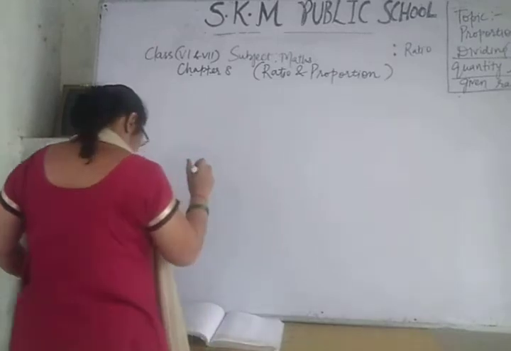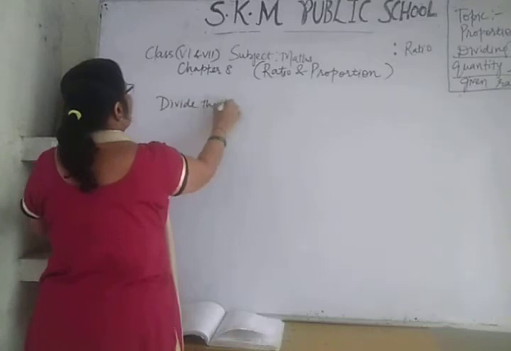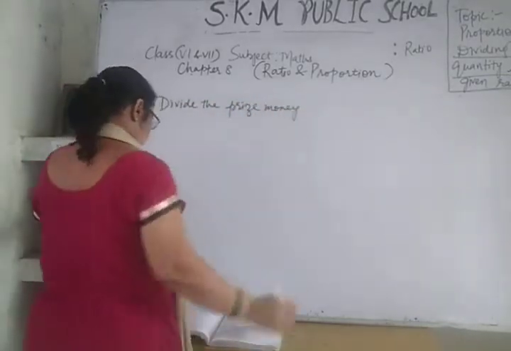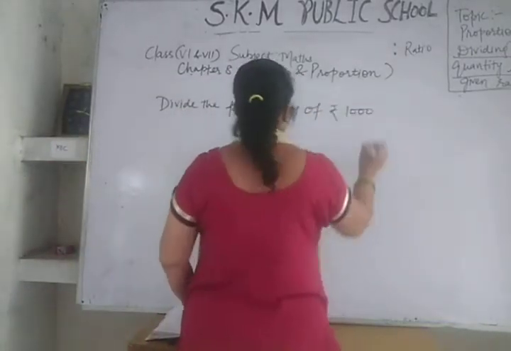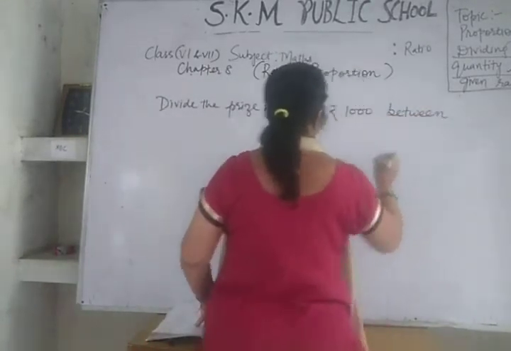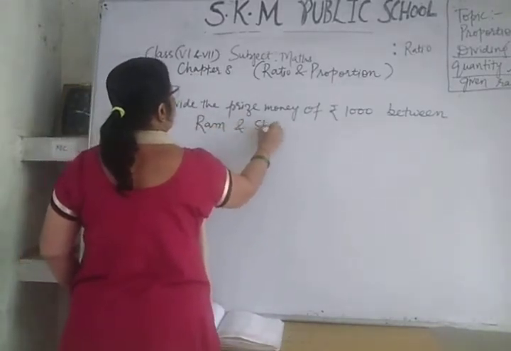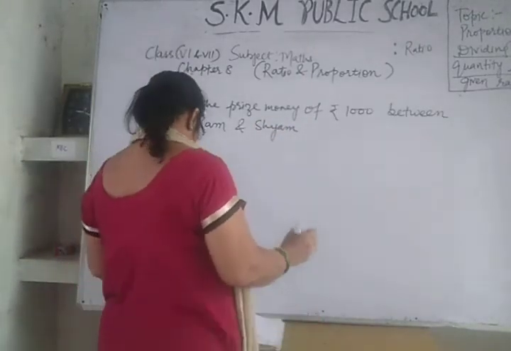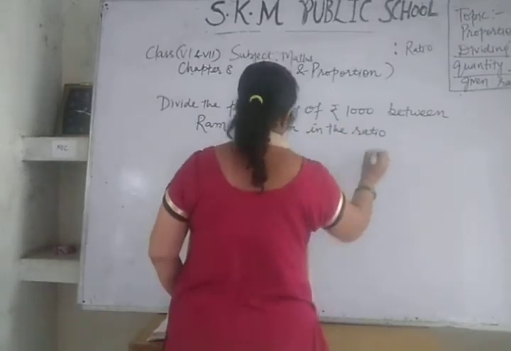Suppose we divide the prize money of rupees 1000 between Ram and Shyam, and the ratio will be given to you.